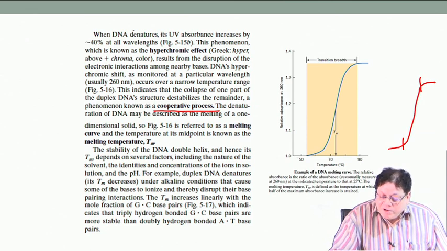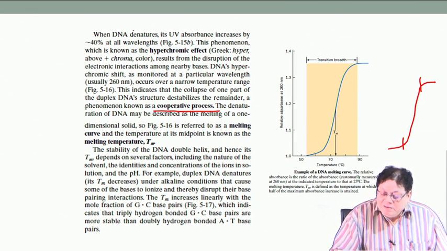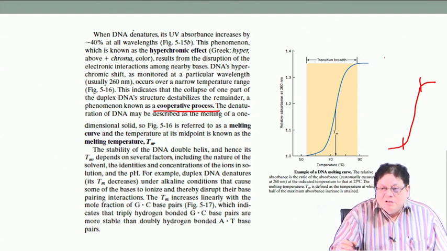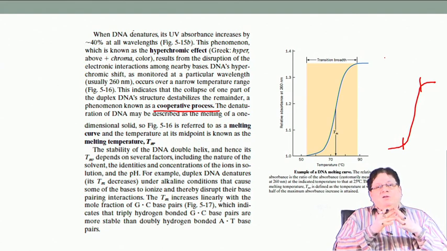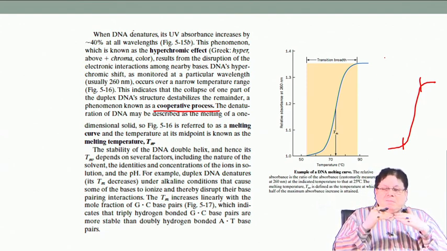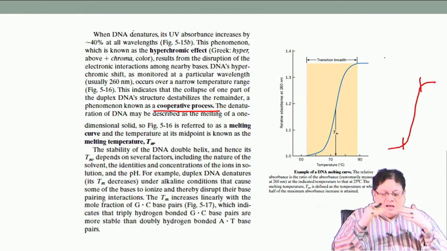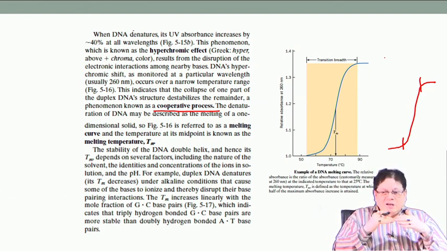But what is important here is that the absorbance increases. See, not only is the hydrogen bond broken within a narrow range of temperature via a cooperative process, but the absorbance also increases and then becomes stationary. That happens because the DNA bases are initially stacked inside the double helix, so there will be less absorption of light at that time.